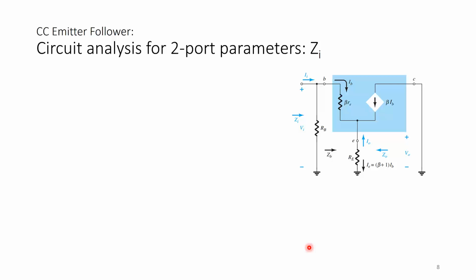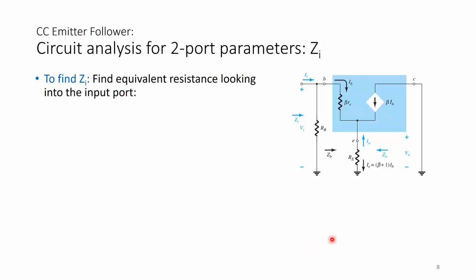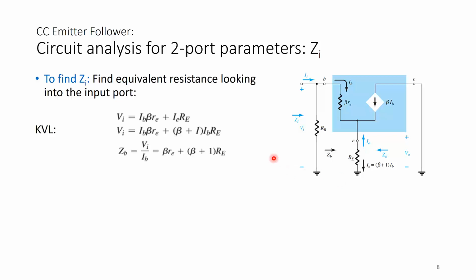So starting with the input impedance Zin, find the equivalent resistance looking into the input port. This is just the same as the emitter stabilized bias, where we do KVL to find ZB, where we treat ZB as the input impedance, and we relate ZB to Vin, where Vin is equal to IB ZB.